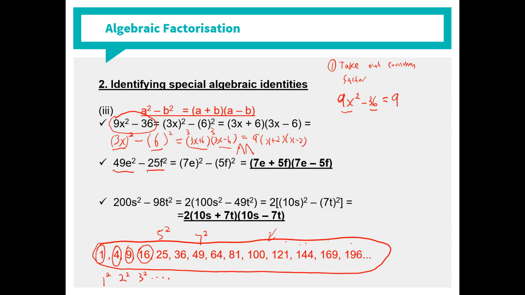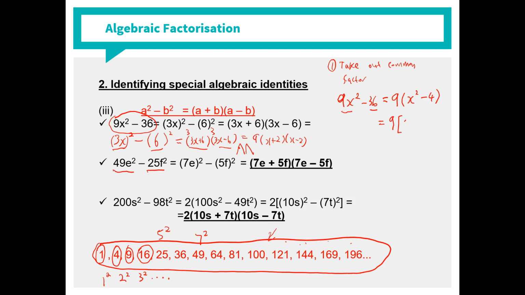If you take out 9, what you're left with is x squared minus 4, because 36 divided by 9 is 4. After you got this, the 9 remains outside, and you need to identify the so-called square.